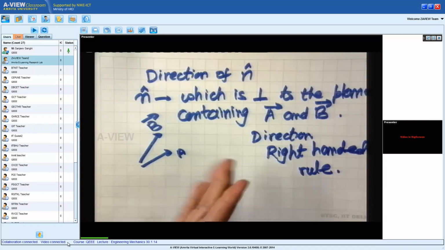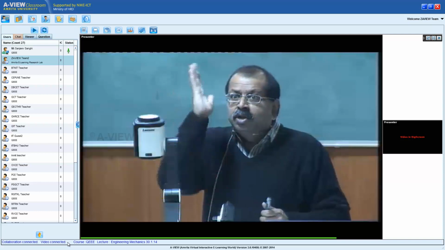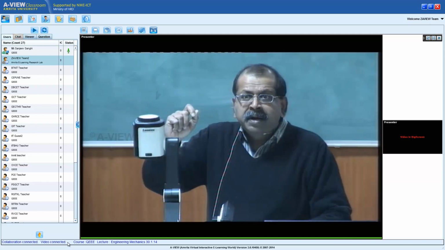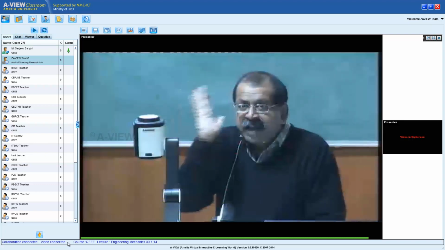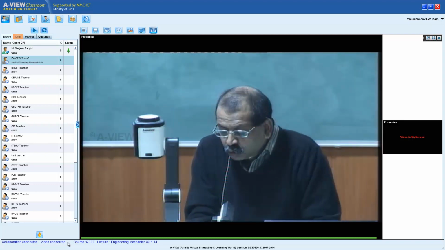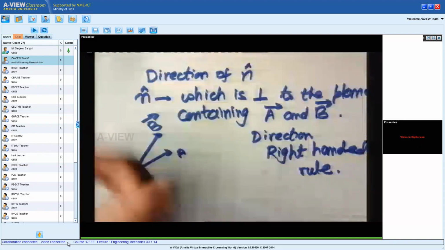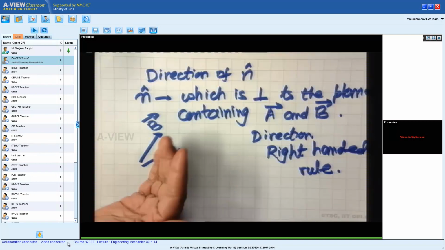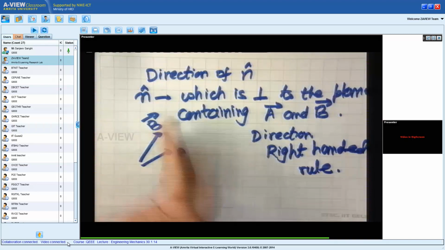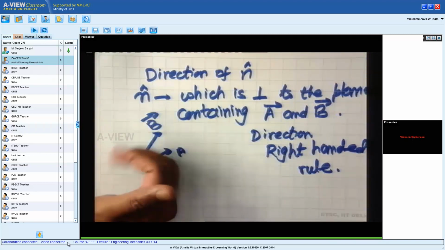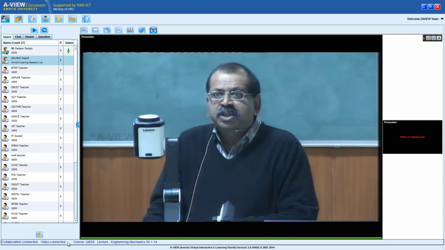How do we get to the right-handed rule? We look at the vector A and using a right hand. So if you are using a pen, please drop your pen if you are a right-handed person. You take the right hand and you move your fingers of the right hand from A to B. You curl the fingers in the direction from A to B. And if I'm going from A to B like this, the direction of the thumb, which is now coming out of the paper, gives me the direction of n.